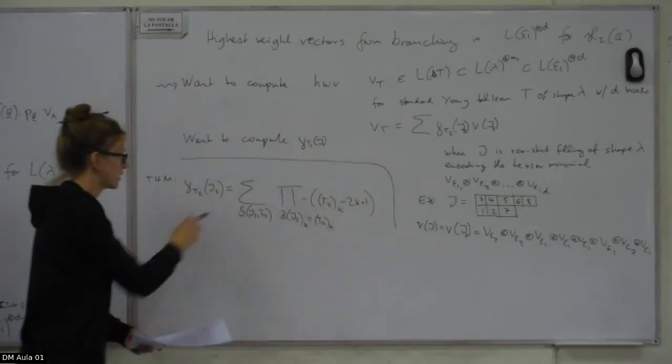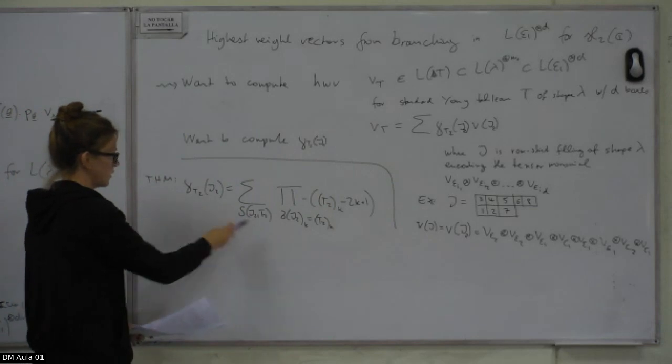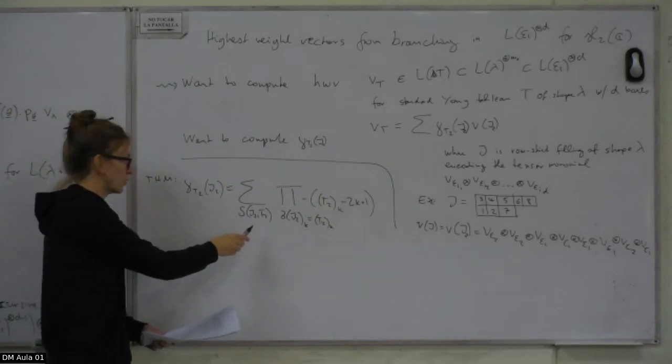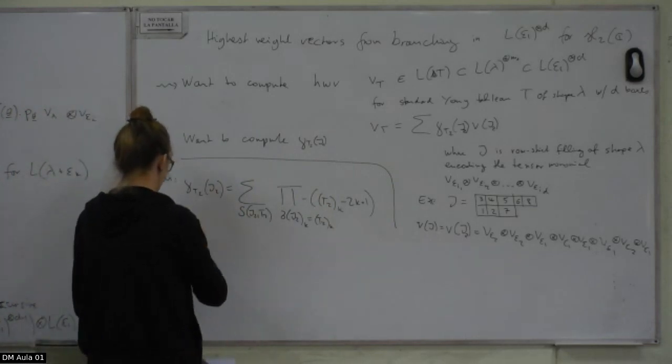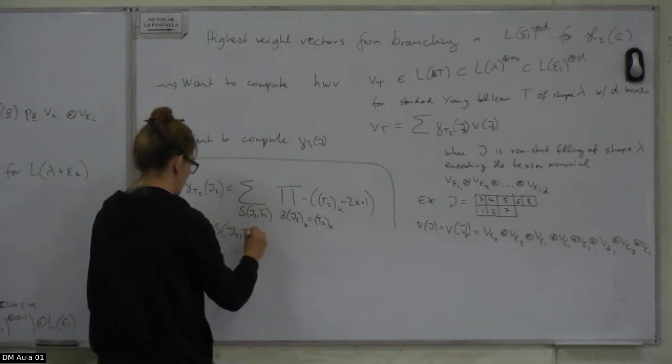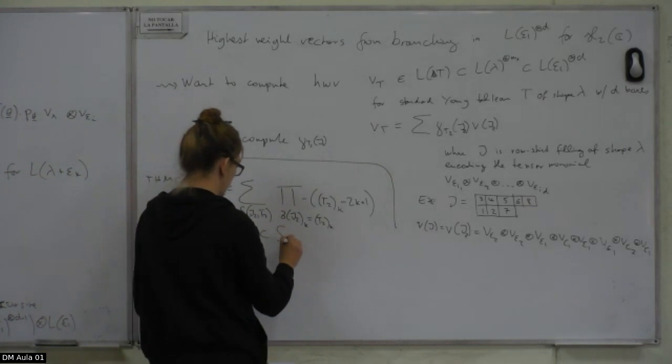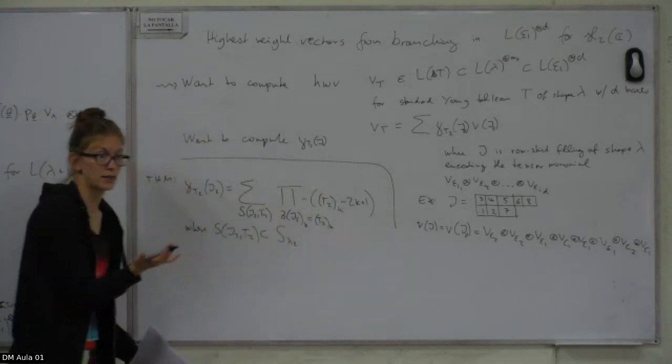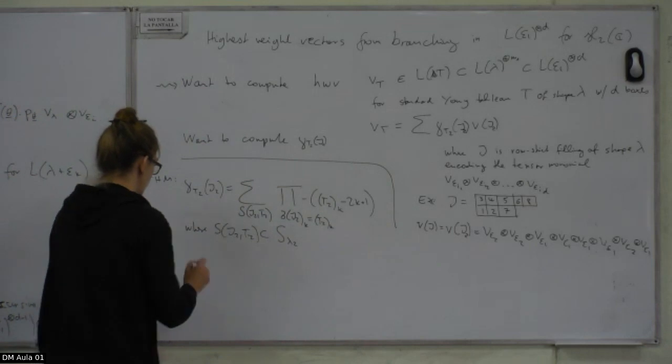So that's a very close formula. If I tell you which permutations I have to sum over here, it's a subset of all permutations of that second row that we're all the time looking at.